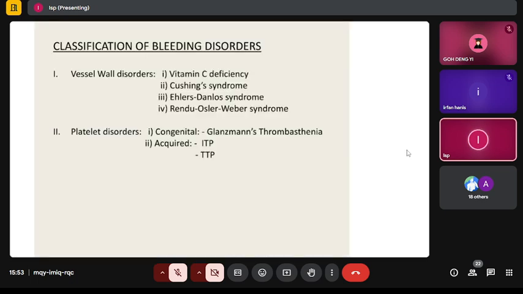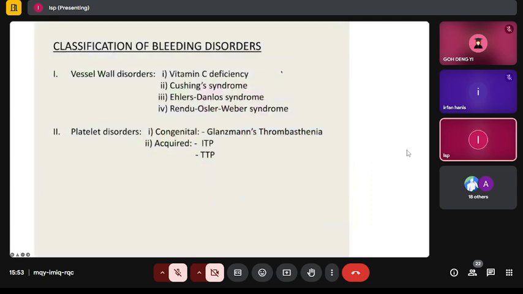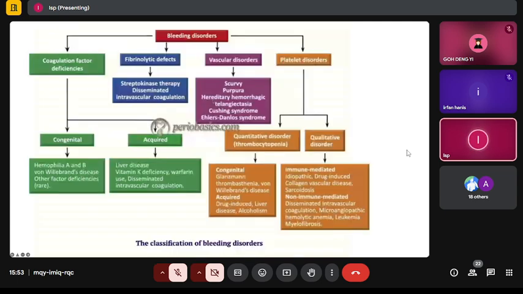Right. So the following slide is more like a repetition or explanation regarding this classification of bleeding disorders. You can have vessel wall disorder due to scurvy, Cushing syndrome, Ehlers-Danlos, and also Osler-Weber-Rendu disease. Okay, platelet disease.